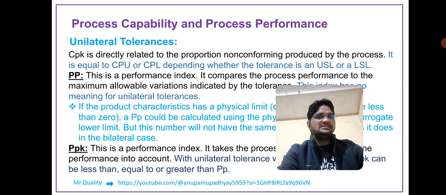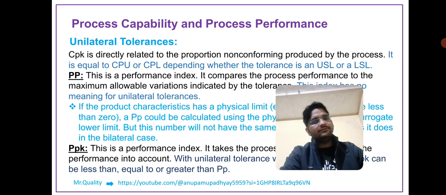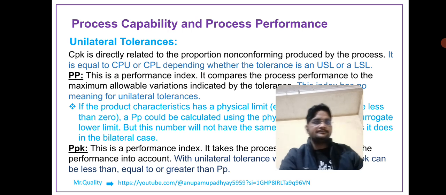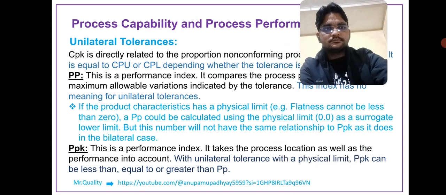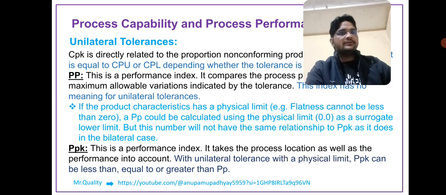If the upper specification limit is given, then CPK is equal to CPU, and if the lower limit is given, then CPK is equal to CPL.